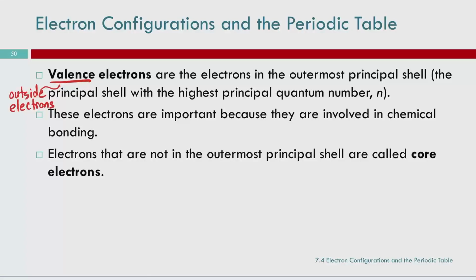It also corresponds with our n numbers in the quantum mechanical theory. So our valence electrons are any of the electrons in that outermost principal shell, so whatever our highest n number is. And these are the ones that are involved in bonding.